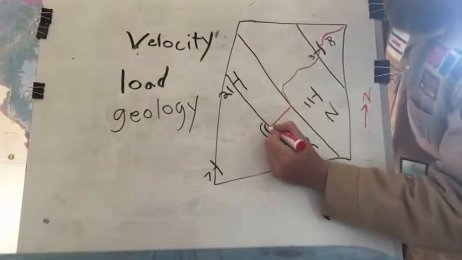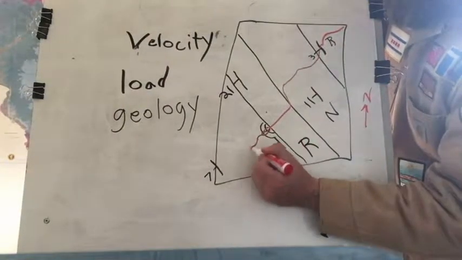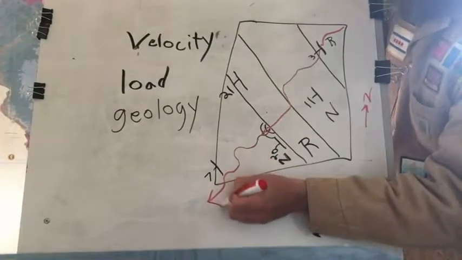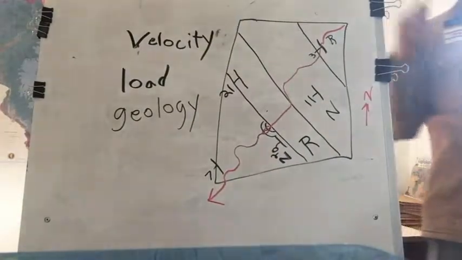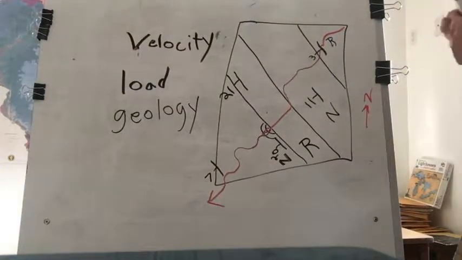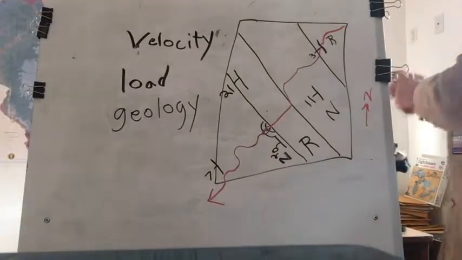So the stream might braid for a little bit, and then it will most likely follow a nice meandering pattern out. Okay, that's how your geology can affect your stream and vary from those textbook examples I showed you.